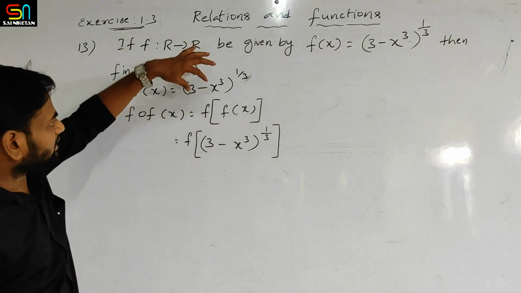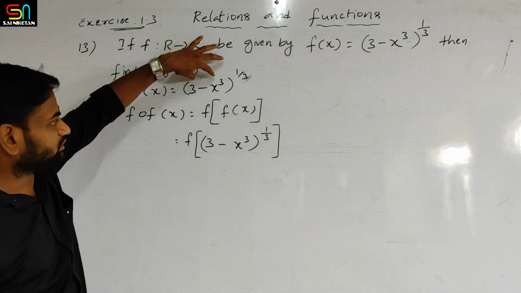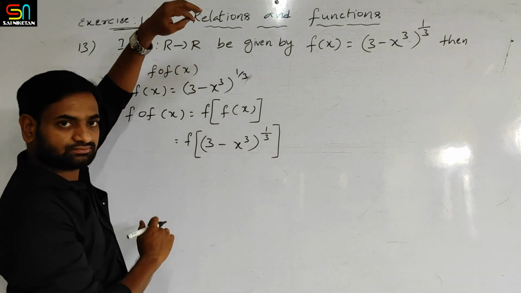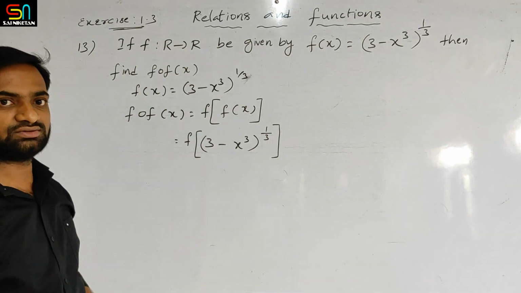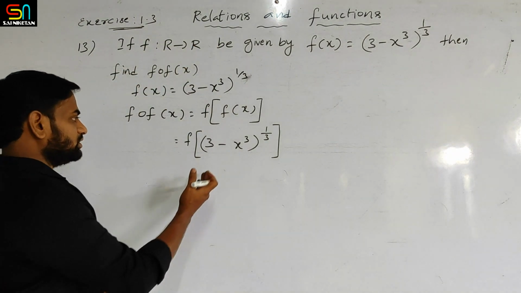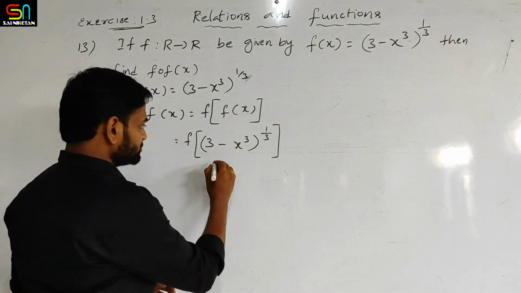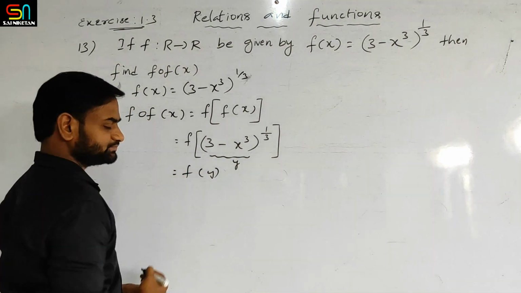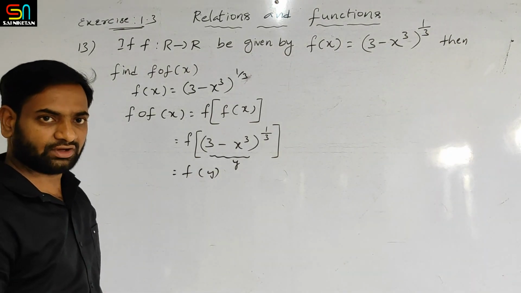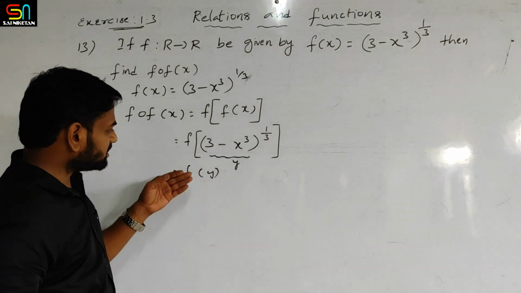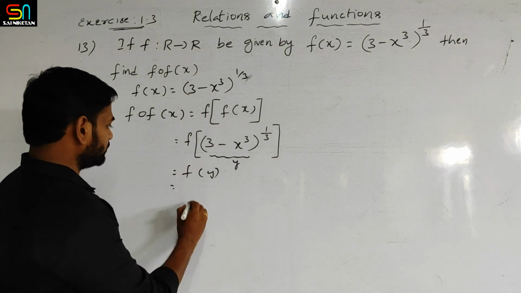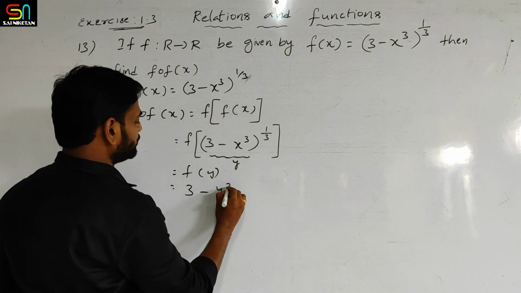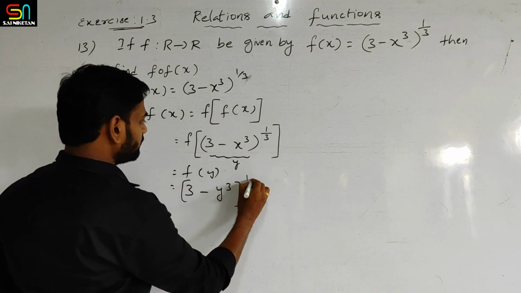That means in this function, in place of x we have to write this. Or if you are confused, you can take this as y. Just imagine it is y. Now it is f of y. That means in place of x we write y. First, 3 minus y cube, whole power 1 by 3.